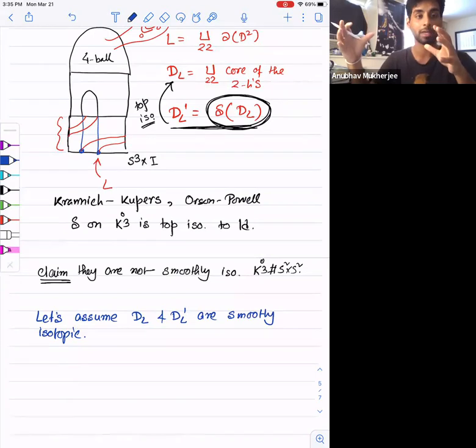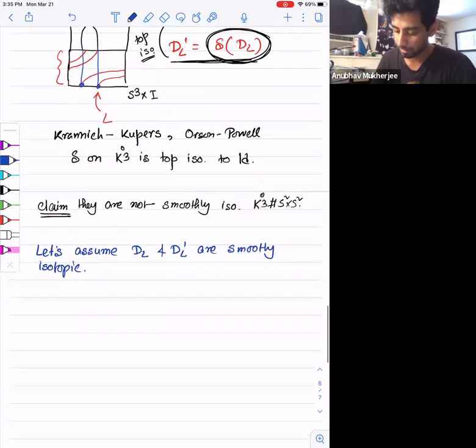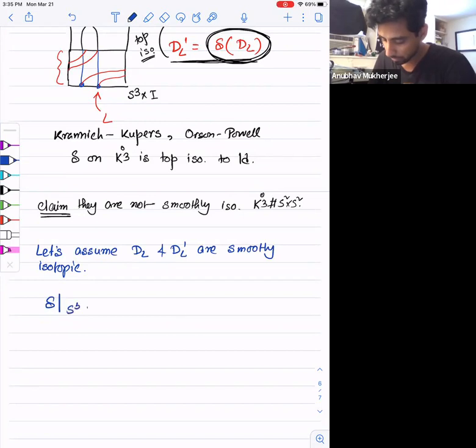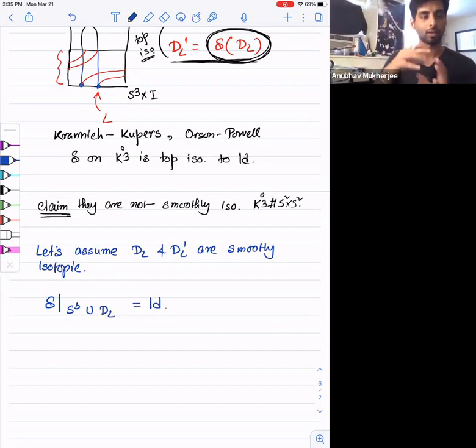If these two pairs of disks are smoothly isotopic, I can do some further isotopy on delta and assume that delta restricted to the boundary S3 union the disk DL is precisely the identity map. I can always assume this. I just do some further isotopy and assume, up to smooth isotopy, that delta is pointwise identity on the boundary S3 and this union of two handles.